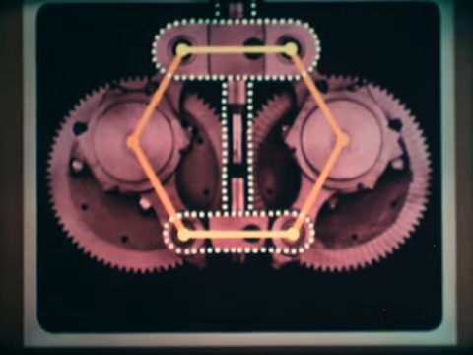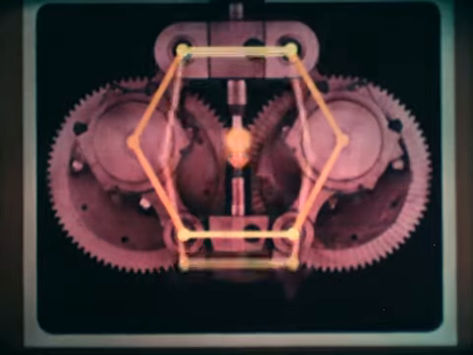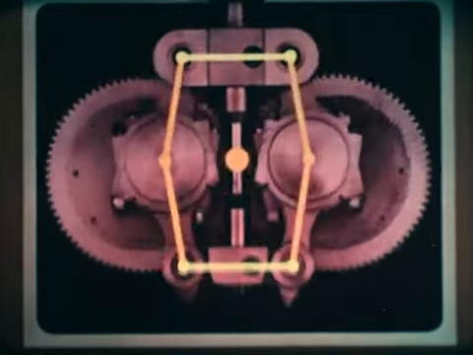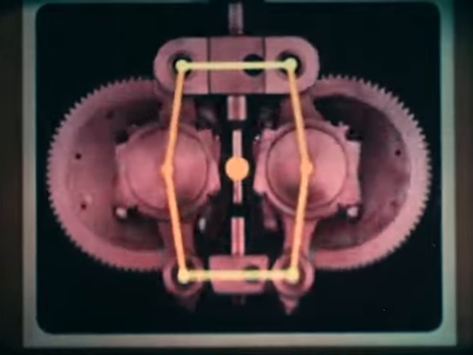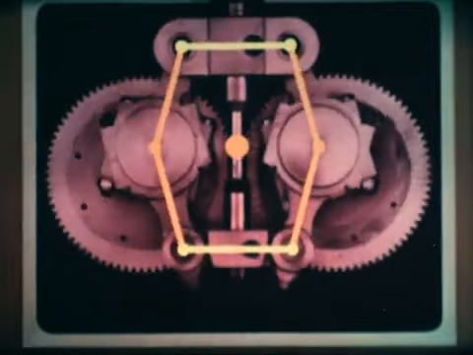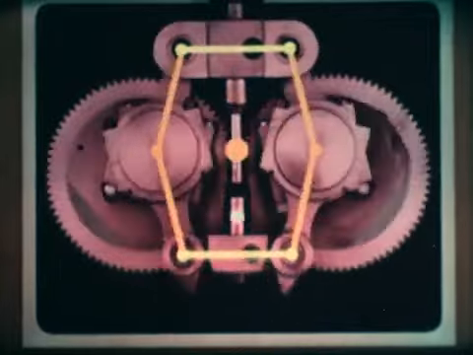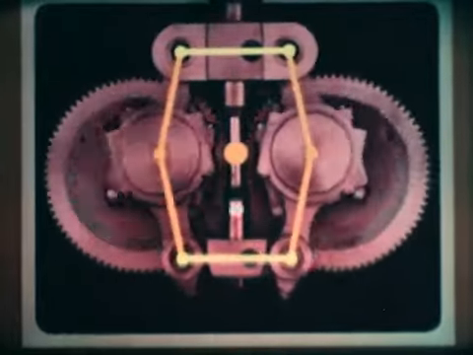If these masses are equal, then the center of gravity of this rhombus will coincide with the geometrical center. The center of gravity is displaced vertically. The inertia forces which result can be compensated by two identical counterweights, whose combined center of gravity is in counter-movement to the center of gravity of the rhombus.